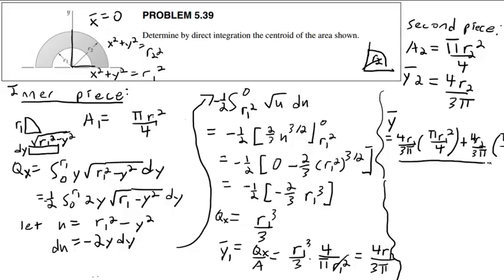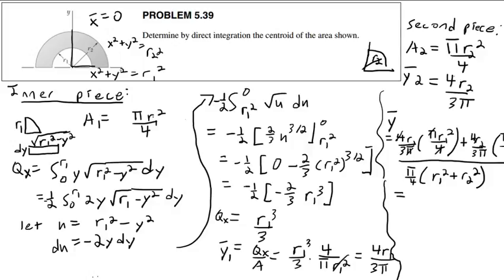And all of this divided by the sum of the areas, which is going to be pi over 4 times R1 squared plus R2 squared. And then the 3 and the 4 and the pi's cancel out.